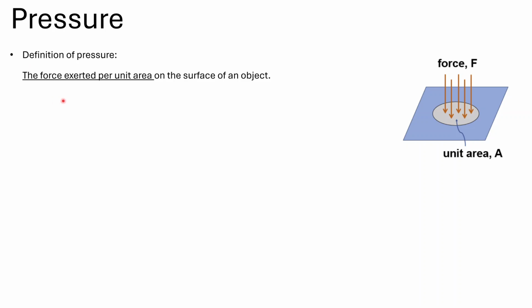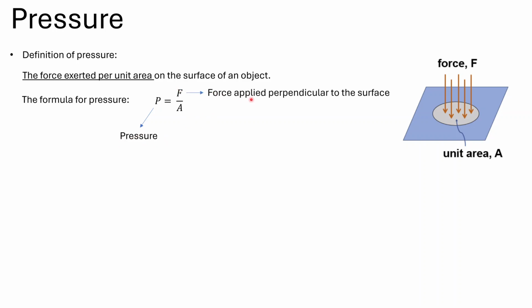Pressure. Definition of pressure: the force exerted per unit area on the surface of an object. And the formula for pressure is P equals F over A, in which P is the pressure, F is the force applied perpendicular to the surface, and A is the area over which the force is distributed.